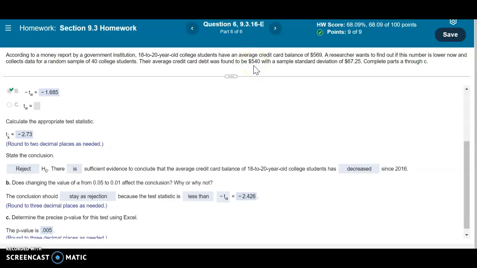So we're going to do 540 minus the mean of the sampling distribution, which is 569, divided by the standard deviation, which is 6725, given to you in the problem, over the square root of n, and n is 40. So when you use that formula, like we've been doing, this is what you're going to get for your test statistic, negative 2.73.